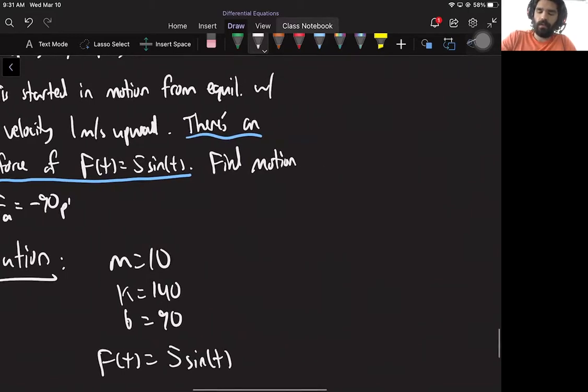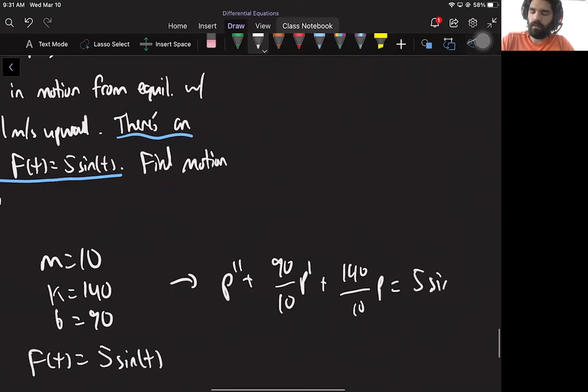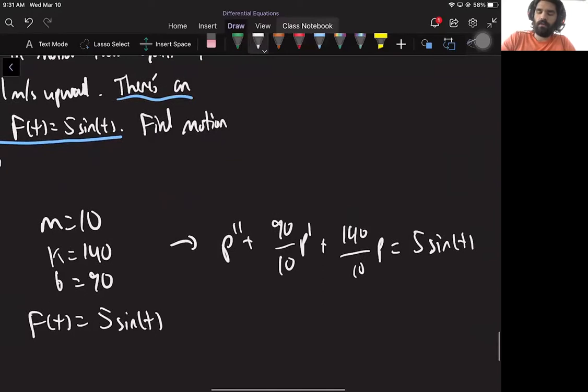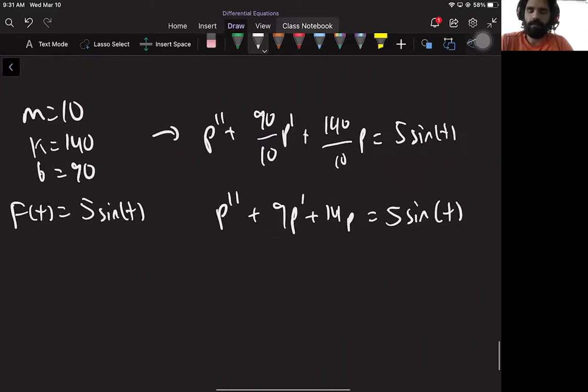And so the differential equation is going to be P double prime plus 90 over 10 P prime plus 140 over 10 P. This time not equal to 0, but 5 sine of T, which we can reduce a little bit. So the left side should look very similar. Made it the same on purpose so we could do it very quickly.